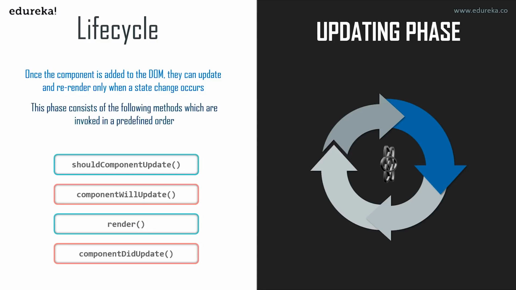This phase consists of the methods shouldComponentUpdate, componentWillUpdate, render, and componentDidUpdate. Please remember, render is a common method in almost all the phases of the life cycle of a React.js application. So we have talked about the initial phase and the updating phase.